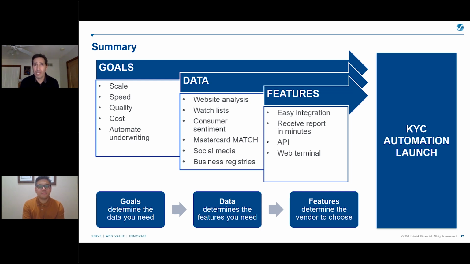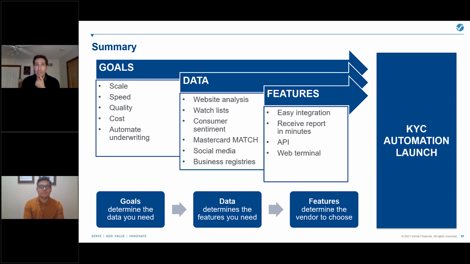Where you're doing business is absolutely critical. So, are you just in the United States, or are you just in the EU, or are you in the APAC region? The world is still a very siloed place when it comes to data, where to get information about companies. So understanding the geography of where you want to do business will, I think, help lead your decision on which KYC automation vendor to go with.